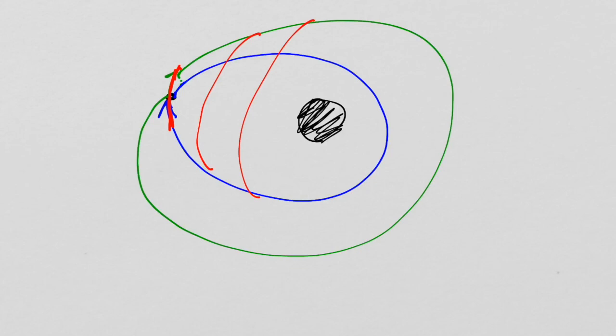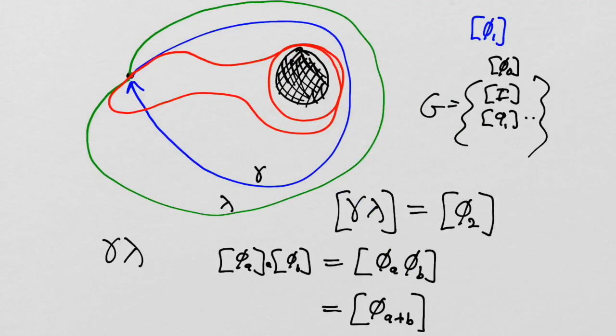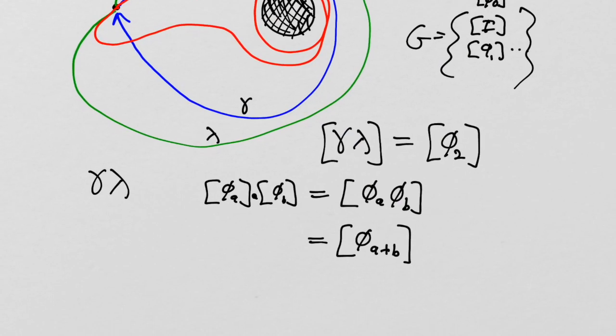So the upshot of this is that the group operation in this example, and this is going to be true of any homotopy, the homotopy forms equivalence classes. The operation that you're working on is any representative of the first equivalence class.